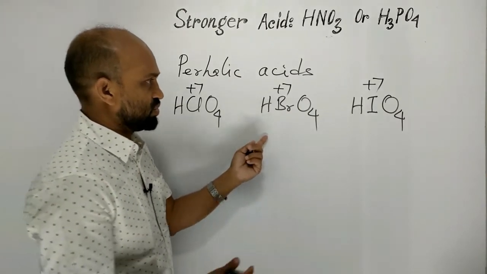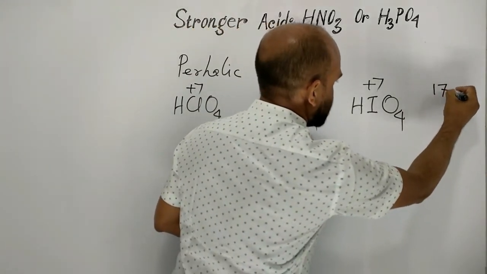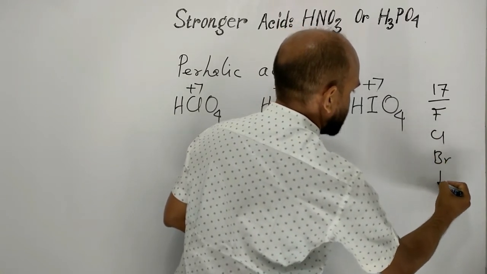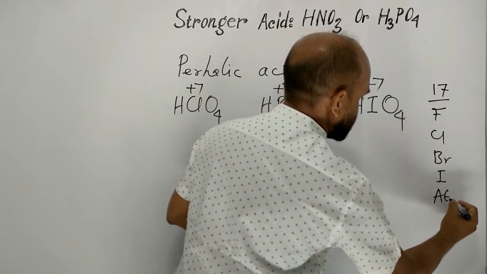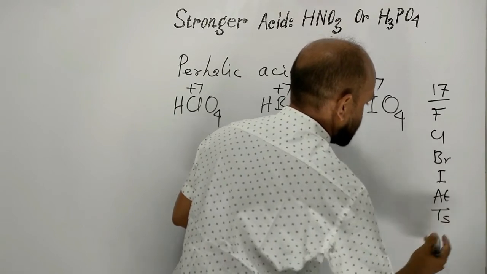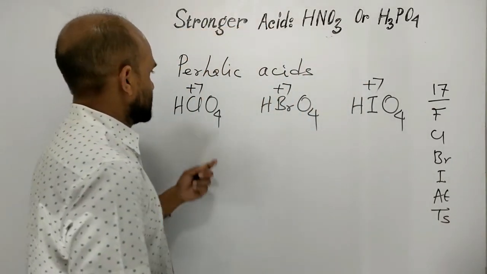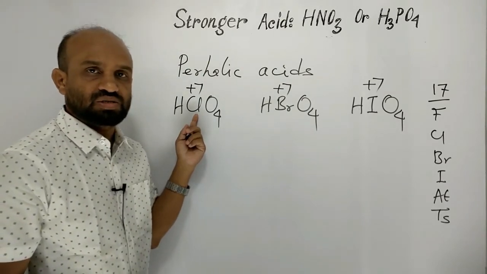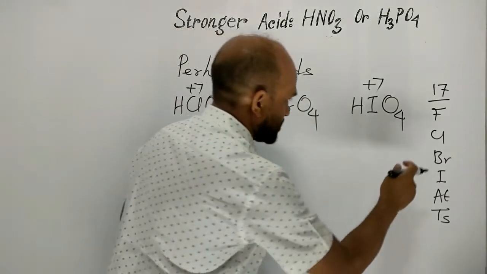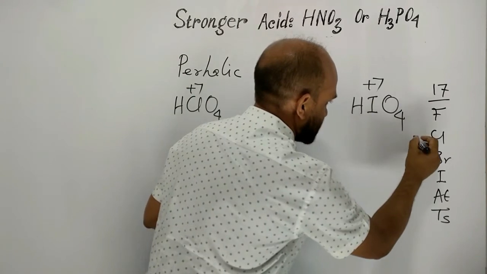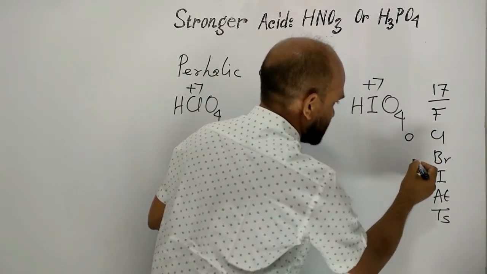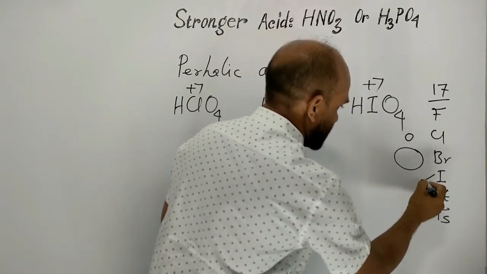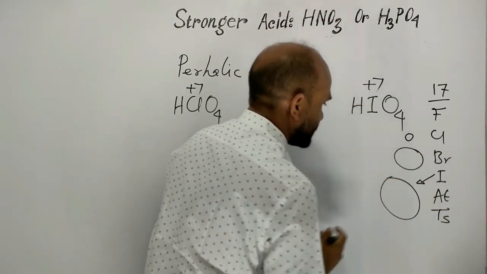Halogens belong to column 17: fluorine, chlorine, bromine, iodine, astatine and tennessine. So from the positions of halogens in the periodic table, we can say that chlorine is smaller in size, bromine is a bit bigger, and iodine is even bigger.